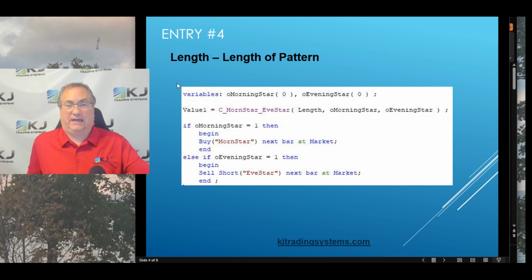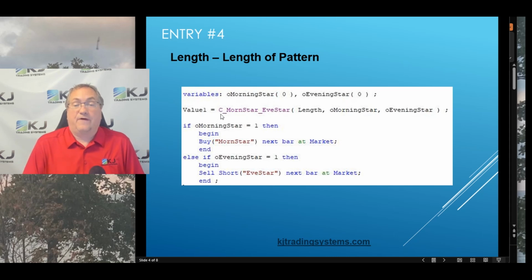Sometimes just some keywords don't translate. There's a function that's called morning star, evening star. I believe this comes with TradeStation. It might not though. I might have picked it up along the way, but I have this library of different candlestick patterns. If you're a student of my course and you want these, just let me know. I can email them to you.